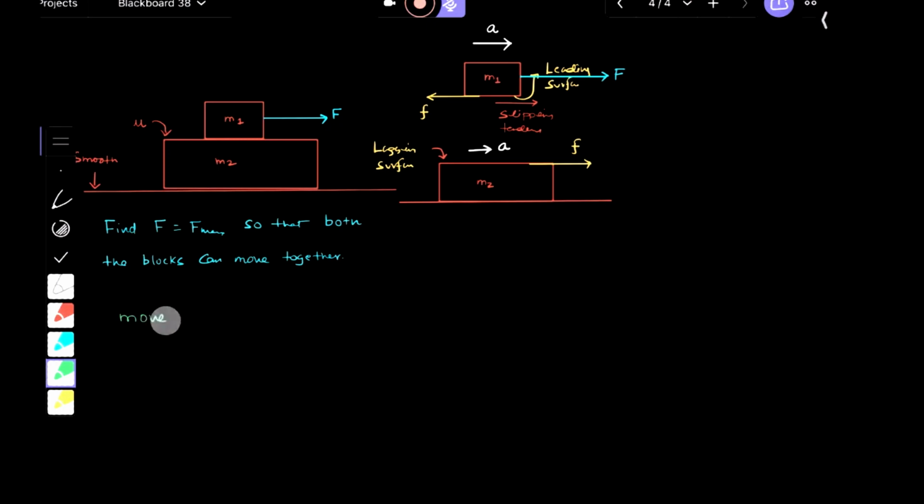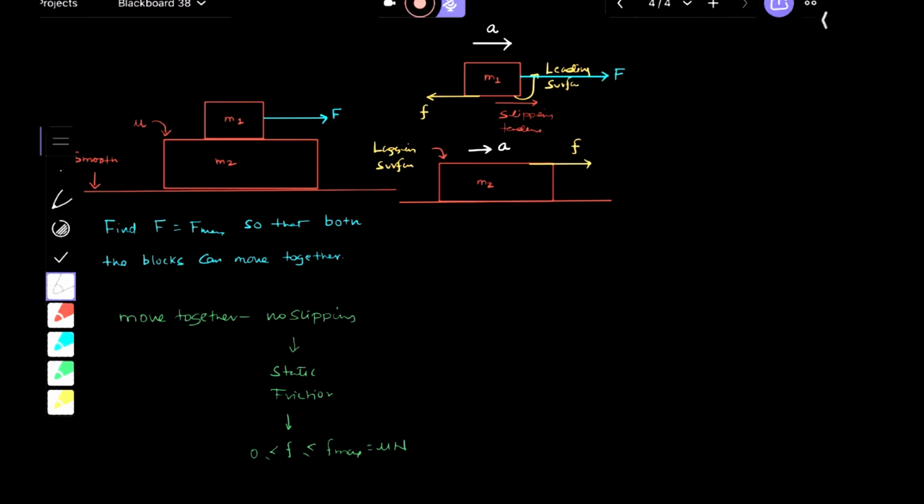If they move together it means no slipping. No slipping means what kind of friction force will come? Static friction. And static friction doesn't have a fixed value. It will lie between 0 and the maximum possible value of friction, which is mu times the normal contact force. We don't know how much it will be, we just know the range of it. That's why we are assuming it to be small f.